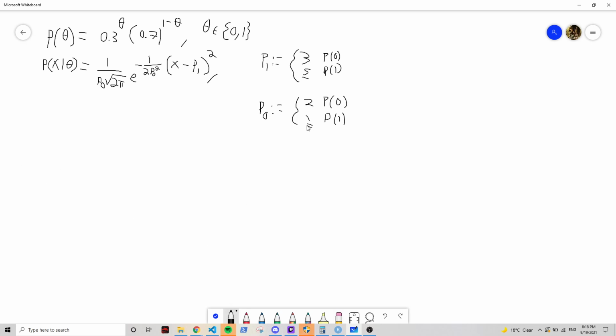Okay, moving on, let me quickly erase these things. Now that I have my mean and my variance defined, how do I actually get my density of x?